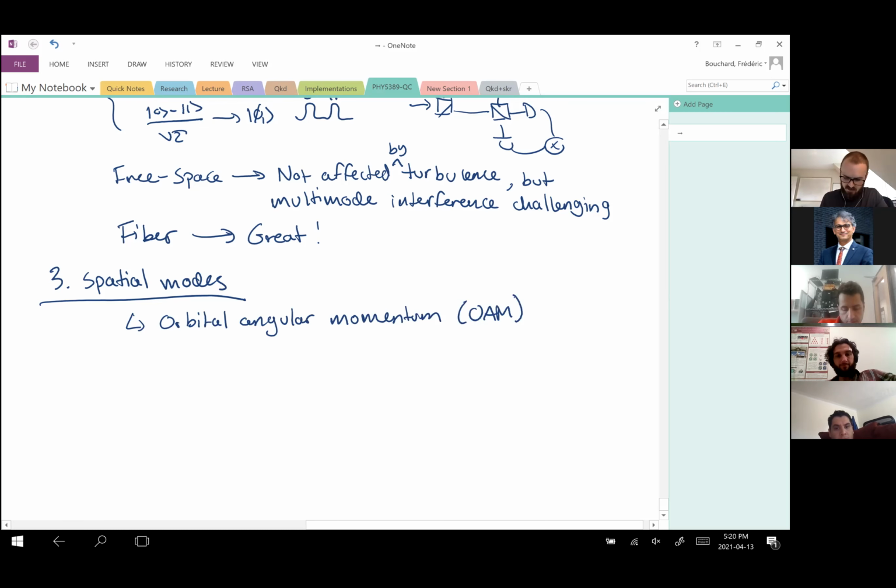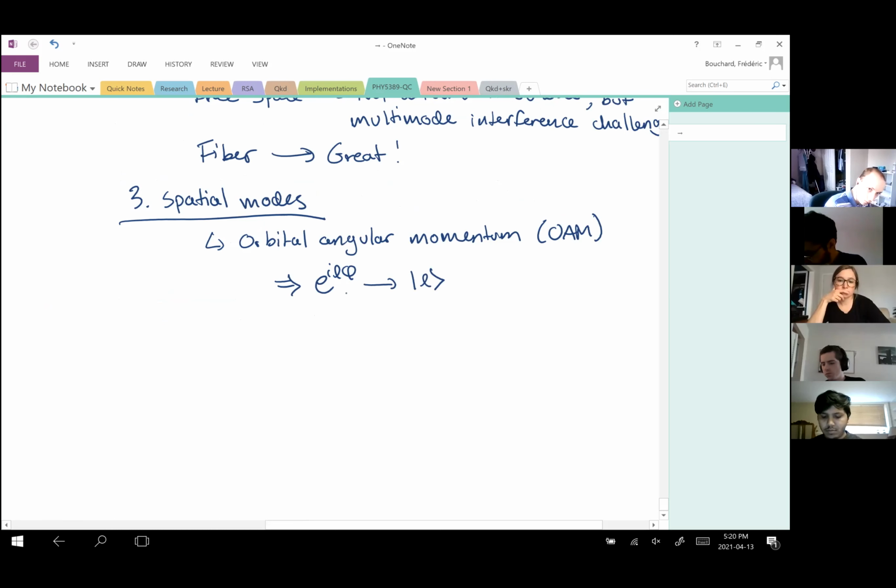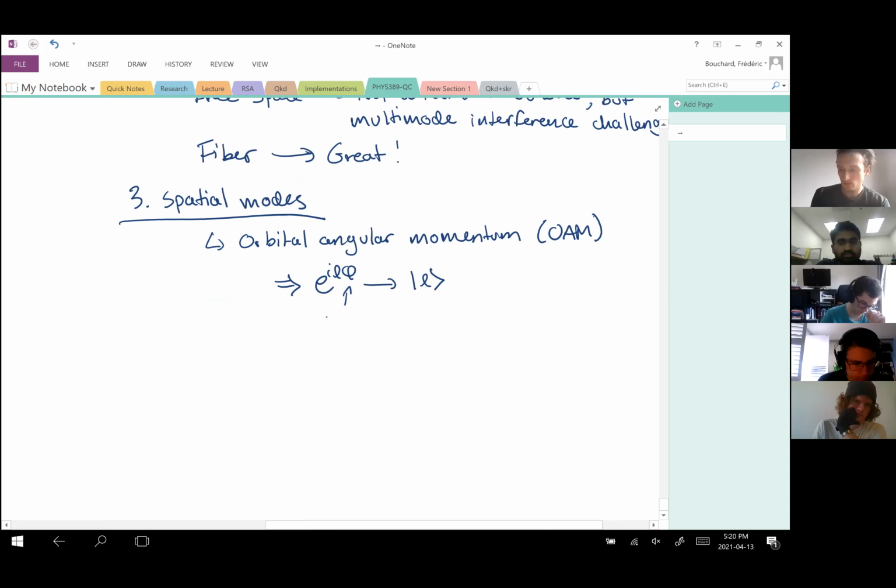What this is basically, if you have a transverse phase pattern that looks like e^{i L phi}, where L is an integer, you can turn this into a quantum state that's labeled with L. And phi is the transverse azimuthal angle.